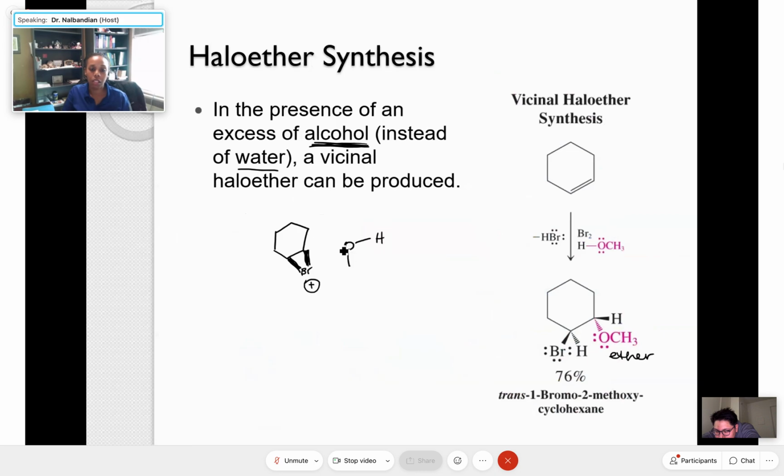but we need to show the lone pair attacking that carbon, electrons get pushed up. And so we stay with our bromine on a wedge, just like we see here in the product, but we get inversion of configuration where our oxygen gets added to the opposite face. It still has the hydrogen, it still has the methyl, so now the oxygen has one lone pair and a positive charge.